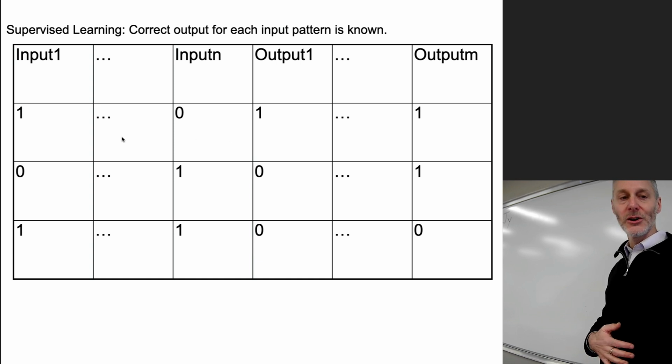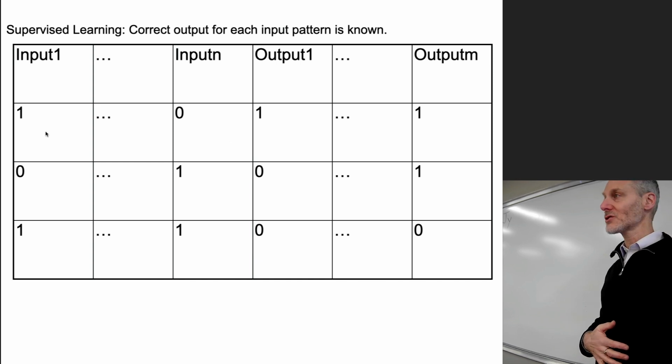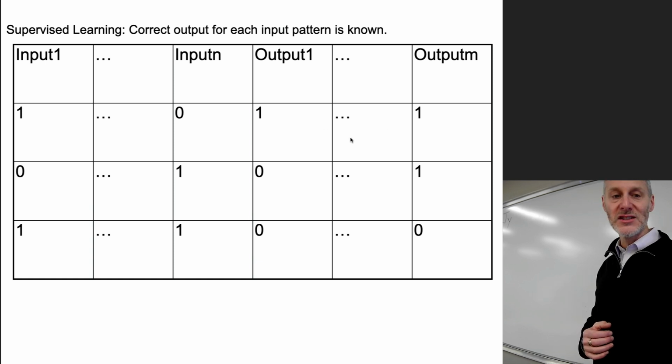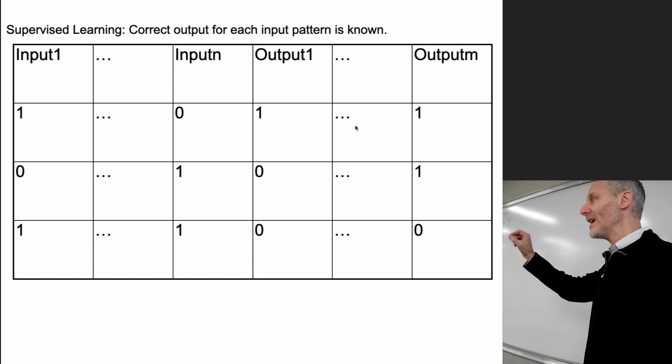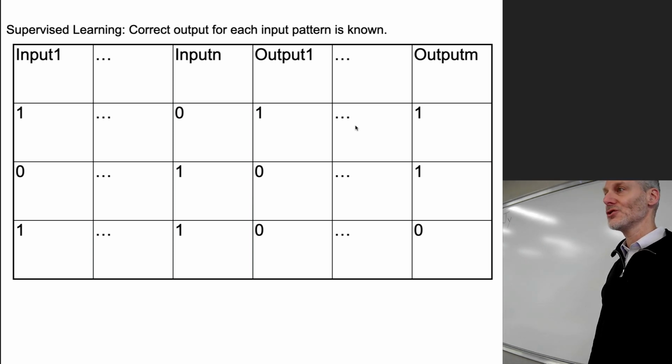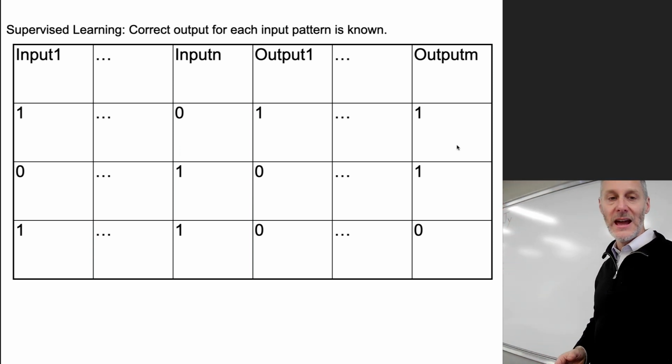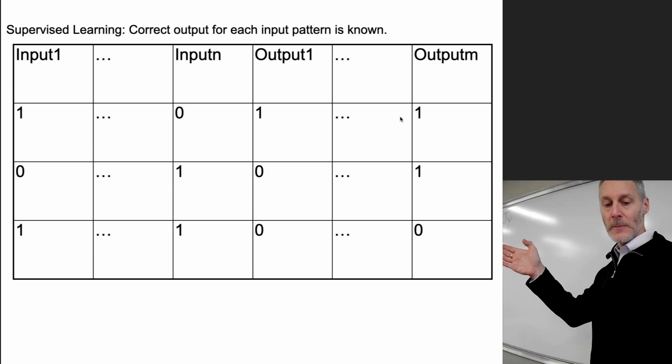It is trying to learn that when its input neurons receive this pattern of 1s and 0s, it should spit back this set of output values. This is the supervision. We know exactly what the neural network should do, and we take what the neural network did and compare it against the supervisory signal, what it should do.